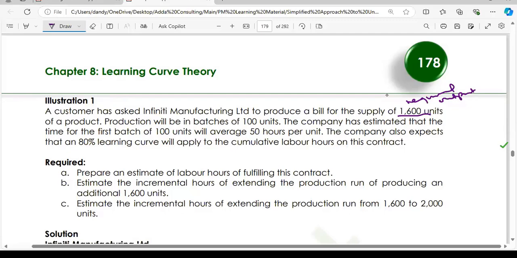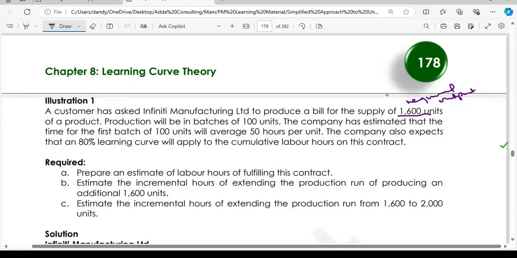In the A requirements, you are to prepare an estimate of labor hours of fulfilling these contracts. So you want to determine labor hour of producing 1,600. The required output is 1,600. So how many hours is the company going to spend to produce the 1,600?